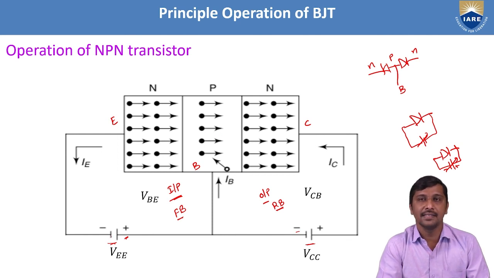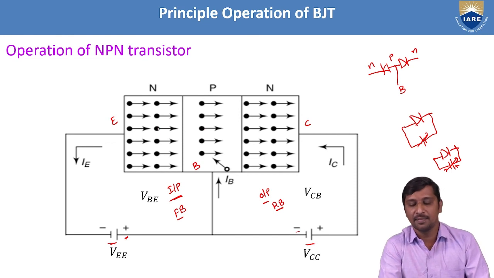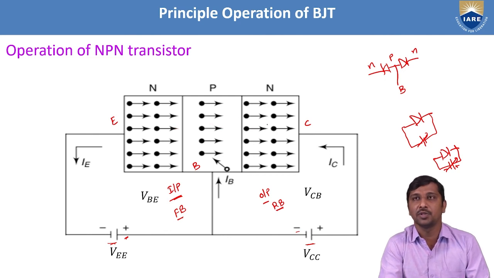Whenever the biasing is increased, more charge carriers are repelled towards the other region. So the majority charge carriers diffuse from the emitter to the collector through the base. That is the reason I represented the charge carrier flow direction from the emitter towards the base and then to the collector.